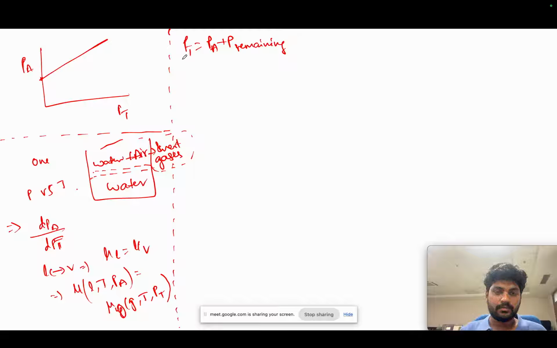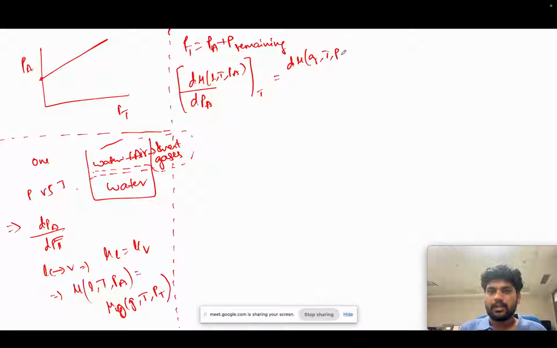Now we have the mu of liquid comma T comma PA. So now I will do d mu by dP, mu of the liquid phase comma T comma PA with respect to the PA here at constant temperature, which will be equal to d mu of gas at P total by dPT at a constant temperature.